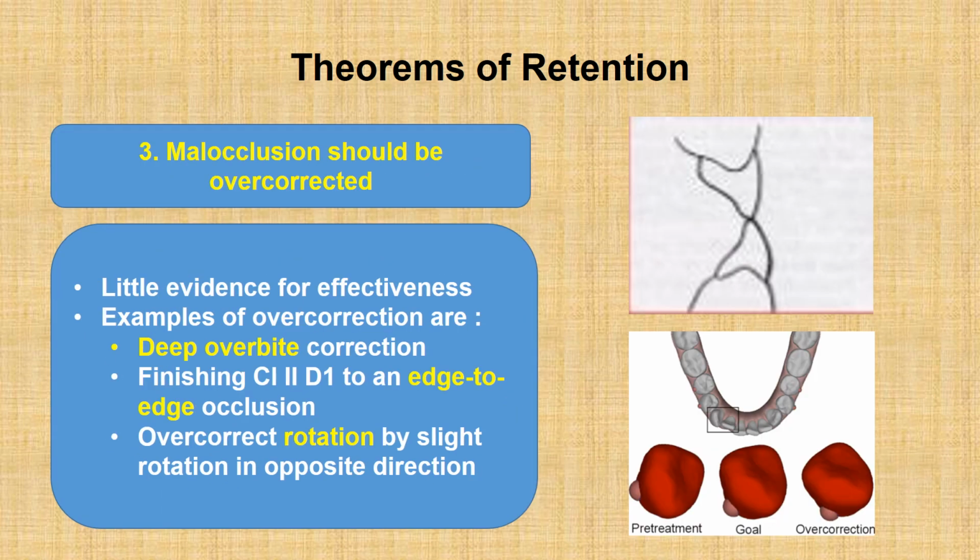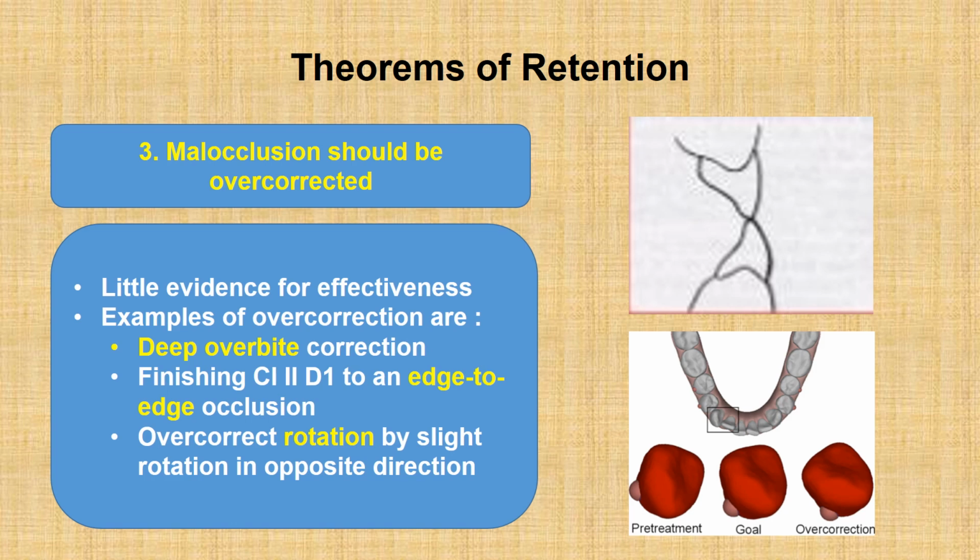Now, the third theorem of retention states that malocclusion should be overcorrected. Now, there is little evidence for the effectiveness of this approach. Okay, examples of overcorrection are for deep overbite correction, we can finish a class 2 division 1 to an edge-to-edge occlusion, and we can overcorrect rotation by slight rotation in the opposite direction as shown here.